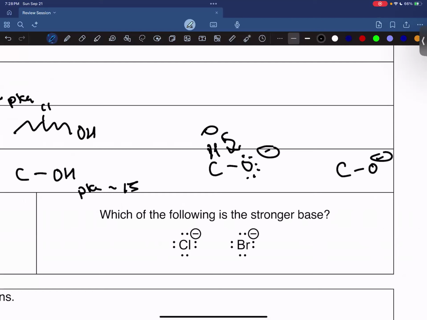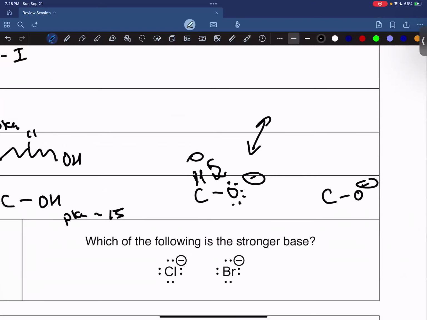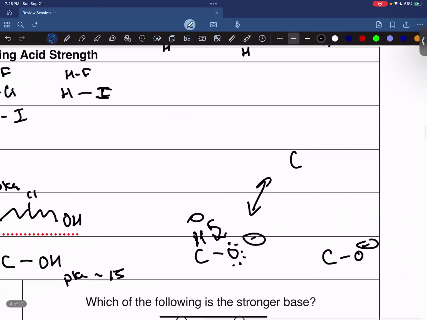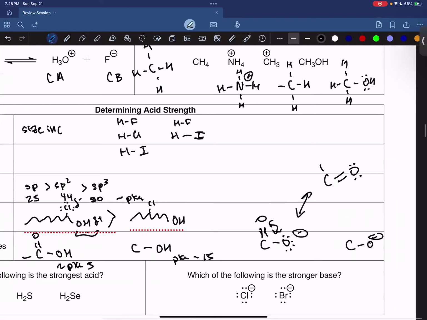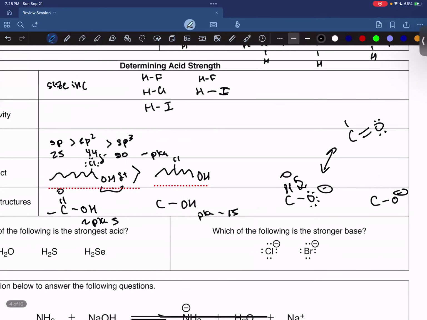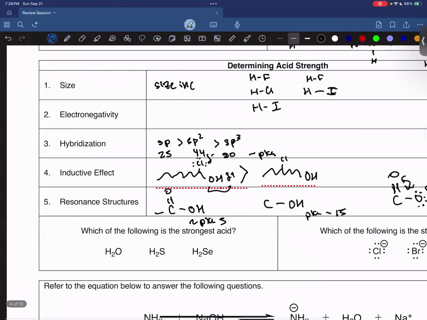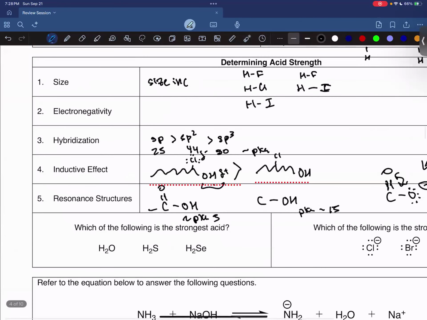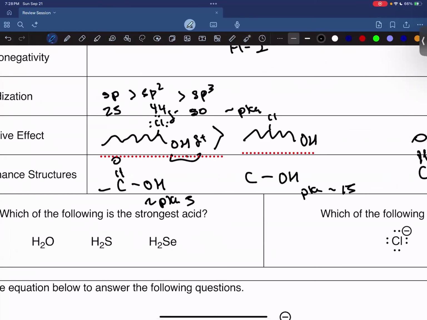Resonance is denoted by a double-headed arrow. This basically stabilizes it. A more stable conjugate base means a stronger acid. So that's why resonance structures make the acid a bit stronger. Carboxylic acid pKa is 5, and this alcohol is 15.